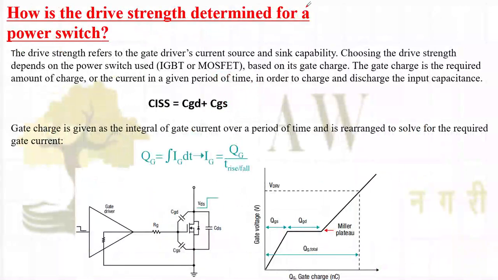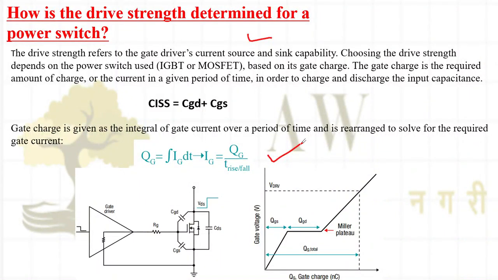Now the last thing we will see. I told you at the start of the video what current it should take. That depends totally on the gate charge. So it is very important to characterize the gate driver and the switches. We should know the input capacitance and the output capacitance.